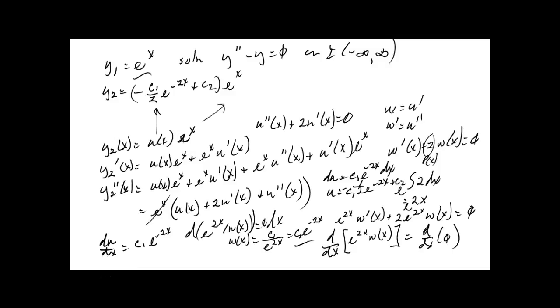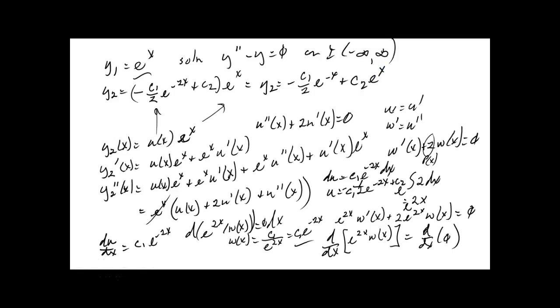So what do we have now? This y2 is equal to, let's multiply these across, and this gives you minus c1 over 2 e to the minus 2x times e to the x, which would be e to the minus x, plus c2 e to the x.